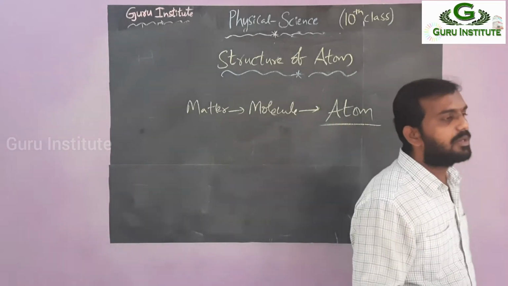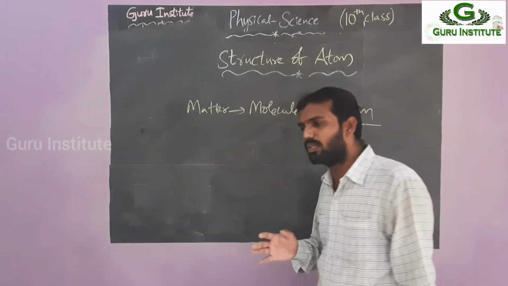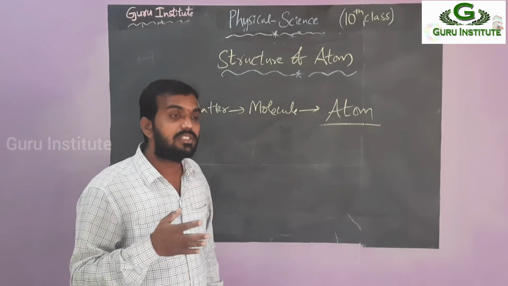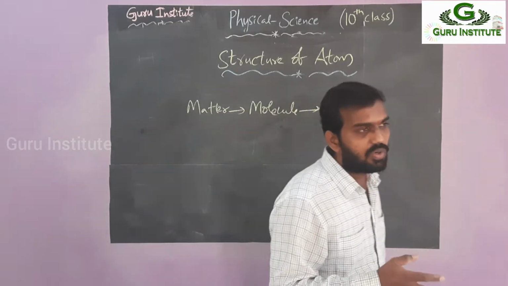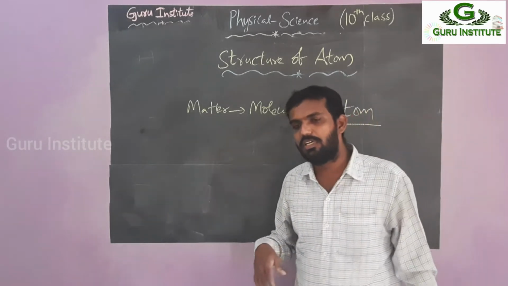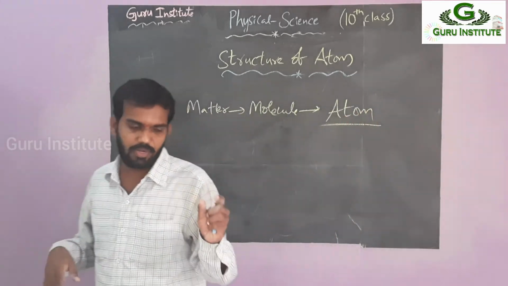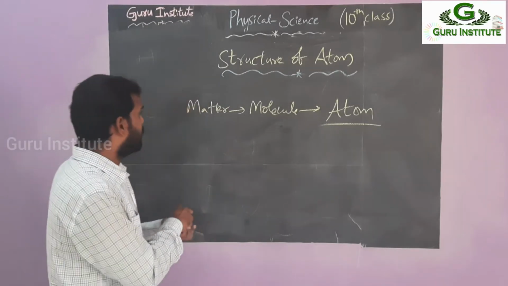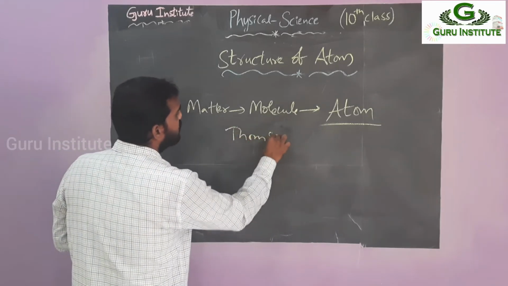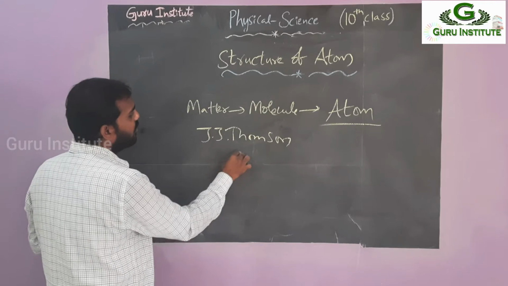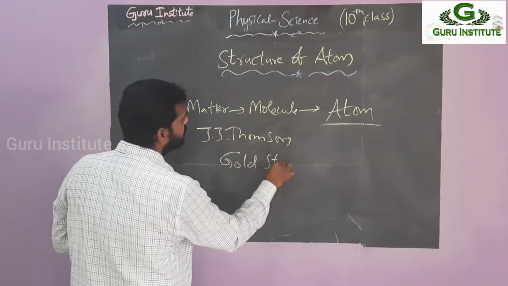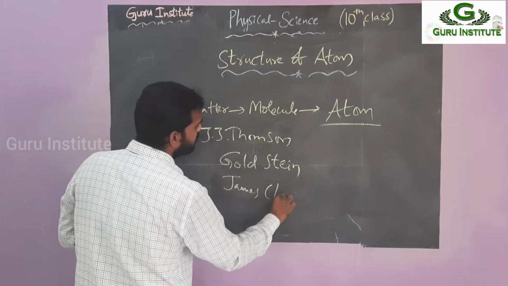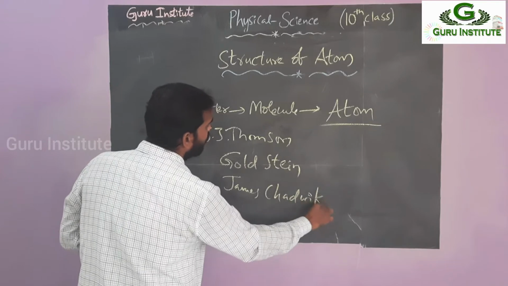Later, experiments were done by different scientists, but finally two scientists succeeded. They are James Chadwick and Goldstein. So, taking the first one, Thomson, then Rutherford, then Goldstein and James Chadwick.